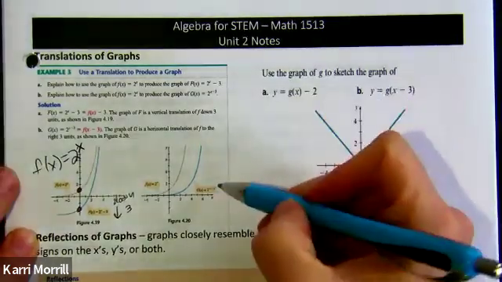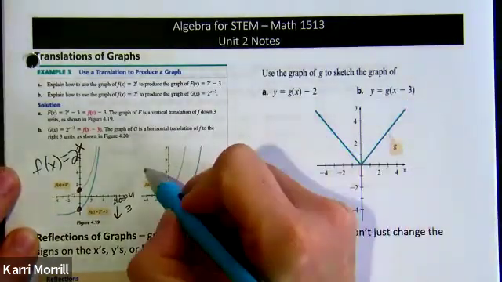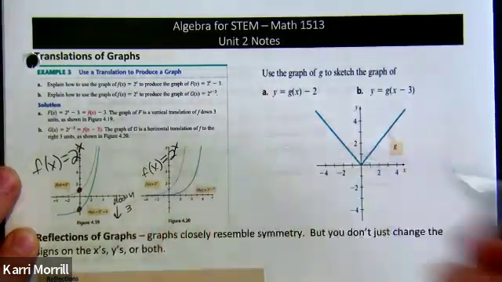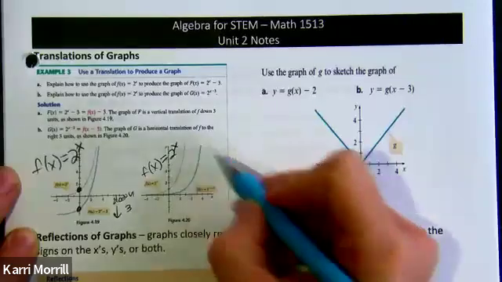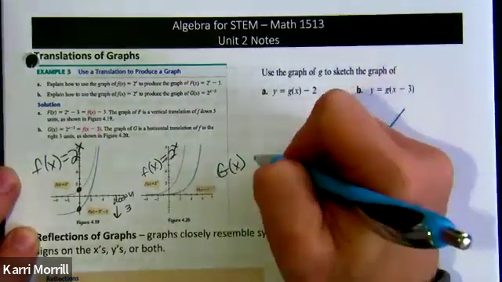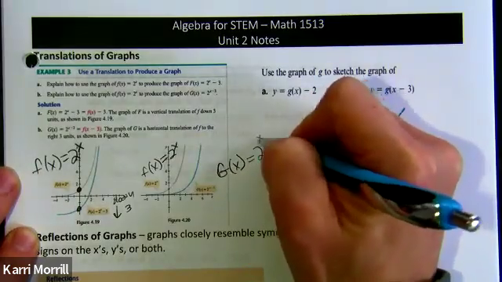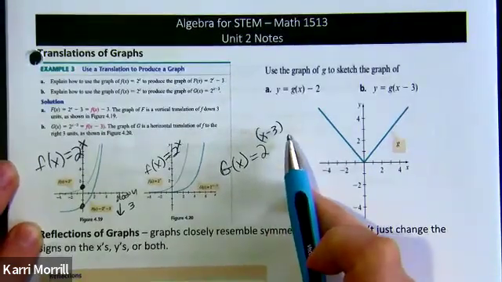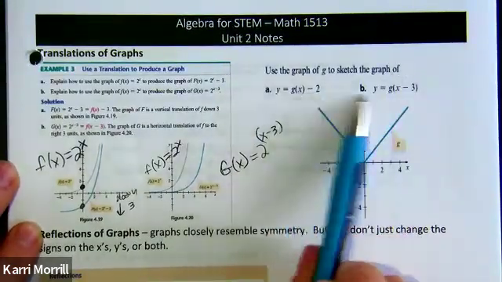If we subtract from the actual variable, so again, the function f of x equals 2 to the x was the parent function. What they've done to this graph, and I'm going to rewrite it, they say g of x, to show it's a different function, equals 2 to the x power, but you're subtracting from x. It's not from the exponent, and you're going to see that over here.